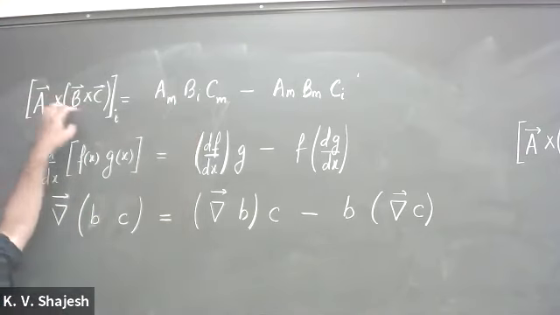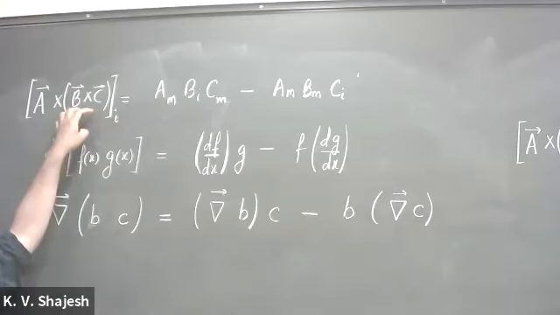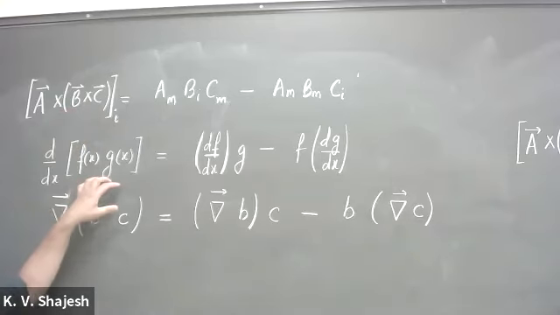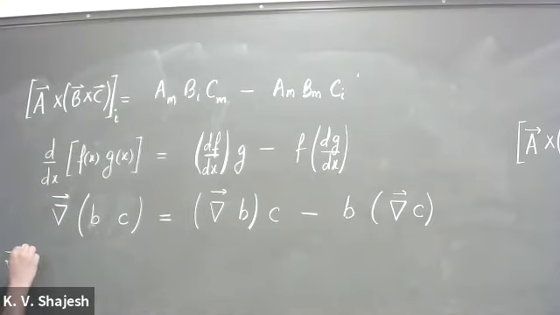There is a distribution because it's a double cross product, and there is a distribution because it's a gradient. Together, they will go 4 times, 2 and 2. Let's see how that comes about. So let's talk about a vector identity involving 3 vectors in which one is a gradient operator.